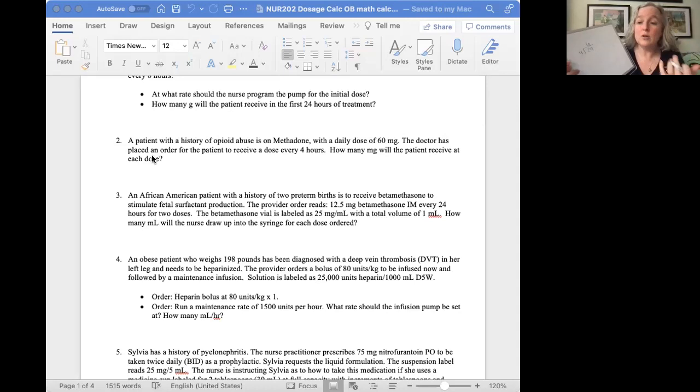The total number of doses will give them 60 milligrams total for the day, and that's going to be over 6 doses. So if we divide the total amount by the number of doses, we find that 10 milligrams is how many milligrams that patient will get with each dose.